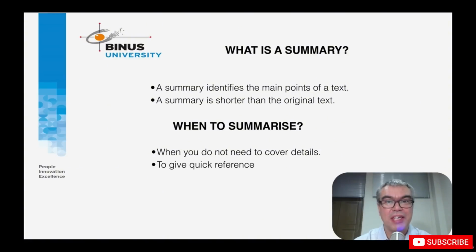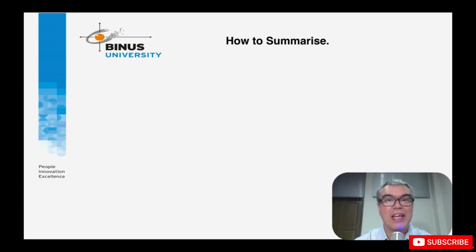Another situation is when you need to give quick reference to another text. Alright, so let's talk about the process of summarizing, and I will describe a process that takes several steps, and then after that we'll look at some examples.